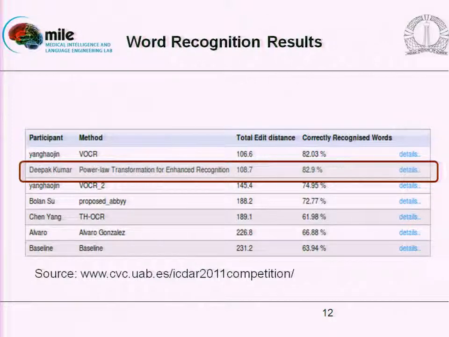So a simple power law transform, an image processing step, has improved the recognition rate by 20%. And for the edit distance, there is the ground truth text and the text generated from the OCR. The number of additions, deletions and insertions are measured and counted as the edit distance, and it is normalized over the data set.